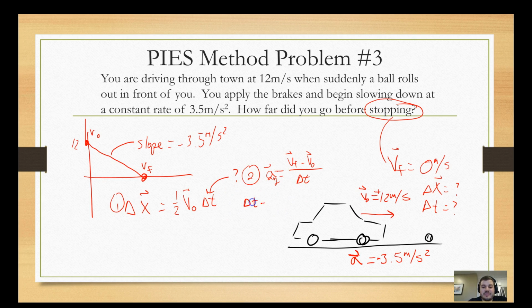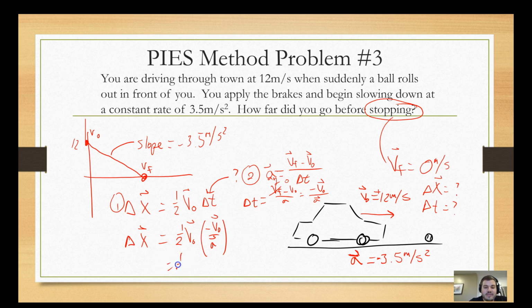So delta t is v final minus v initial over a. Now v final is 0, so this is technically negative v initial over a. And that's what we will substitute in here, so the displacement is 1/2 of v initial times negative v initial over a. And now we are ready to substitute our numbers.